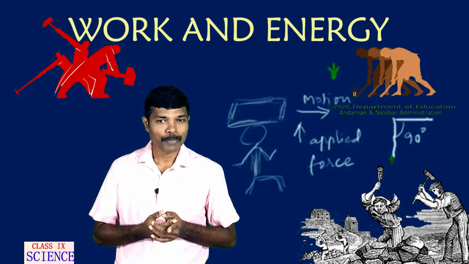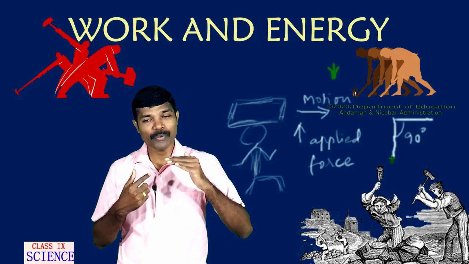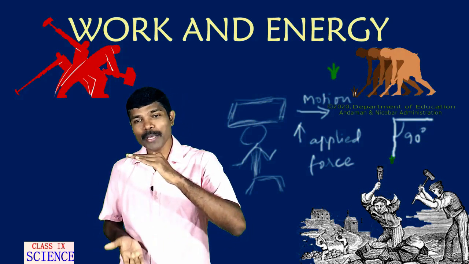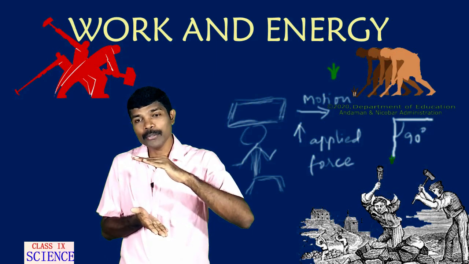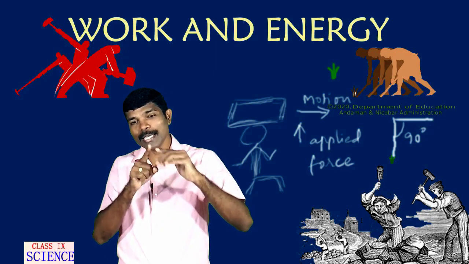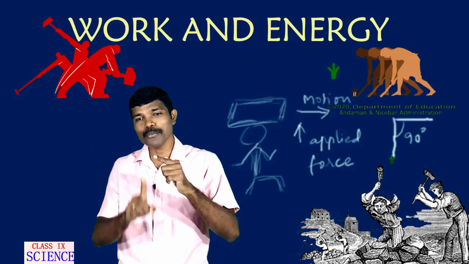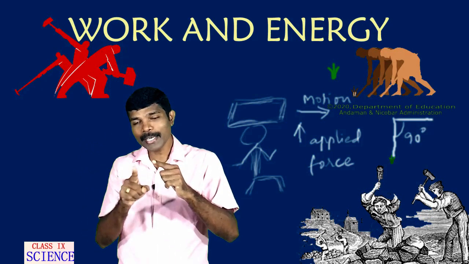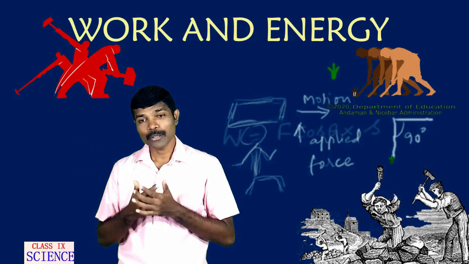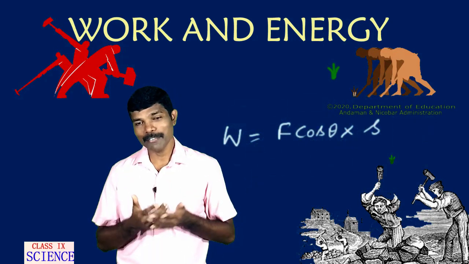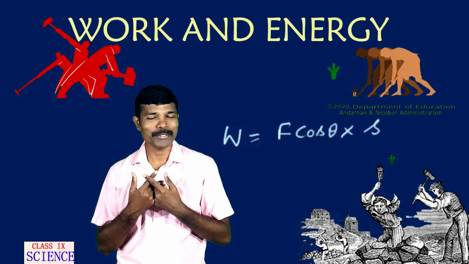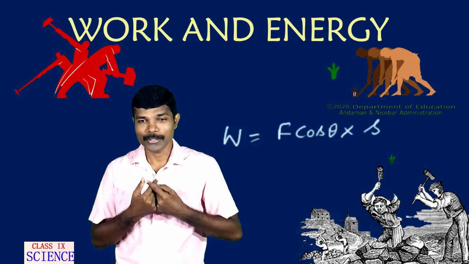This is because the object is moving in this direction and you are applying force opposite to gravity, in that direction. So a right angle is formed. We know that cos 90 degrees is 0. So F cos 90 degrees will be 0. The whole term gets 0. So the work done will be 0, right?